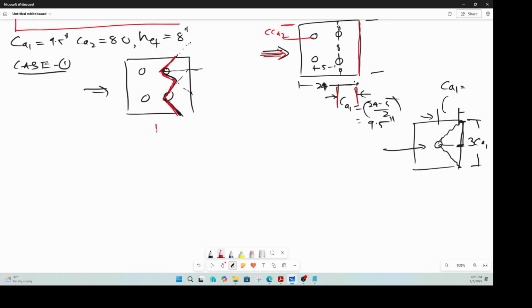If you look at this pedestal from this view, then you have these two anchors here, and the depth of the failure surface is 1.5 CA1, which is 14.25 for the chord, right? And at a 35 degrees angle. So something like that, something like this, right?